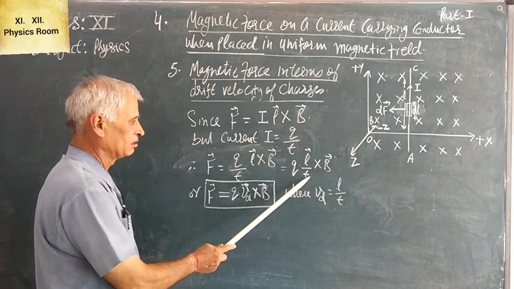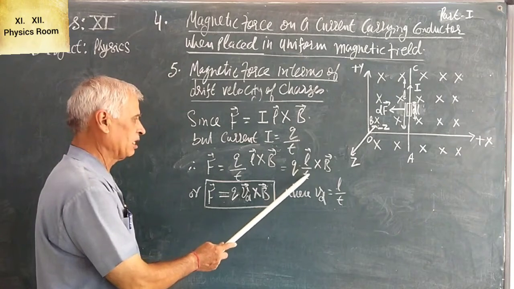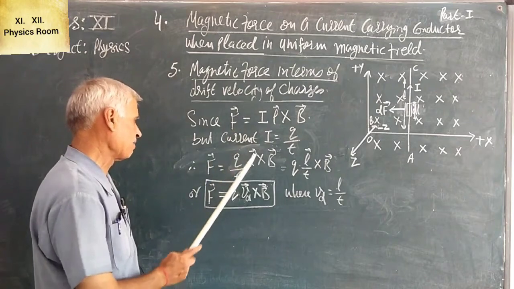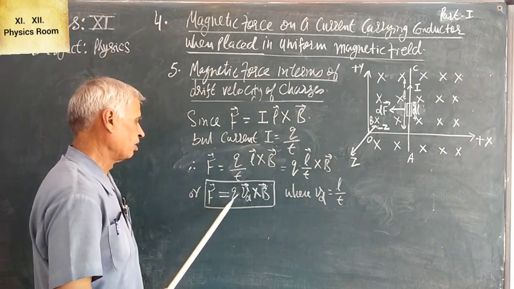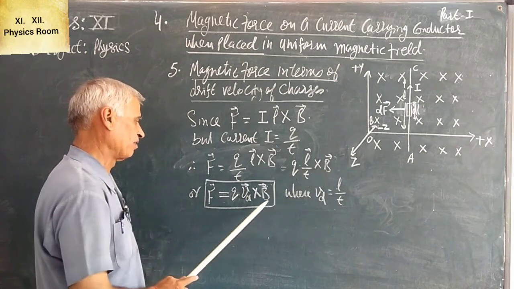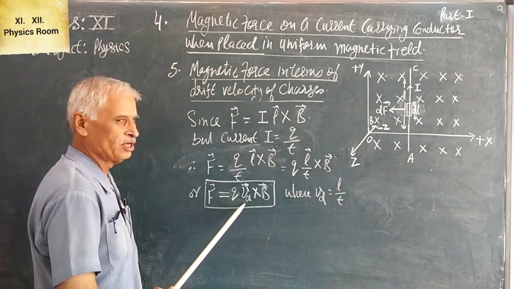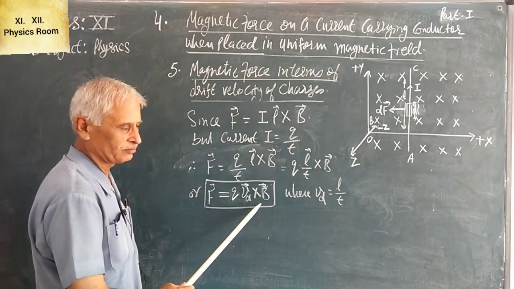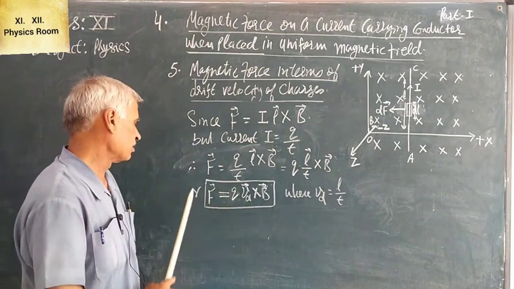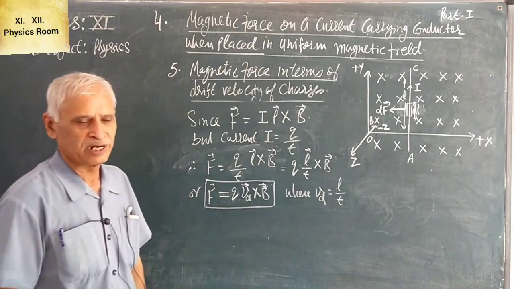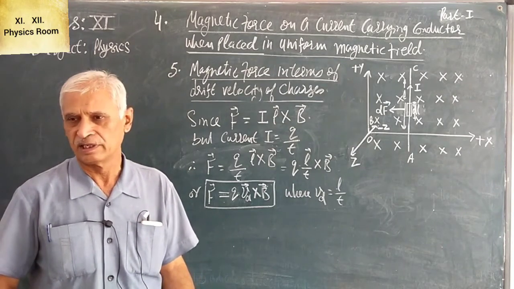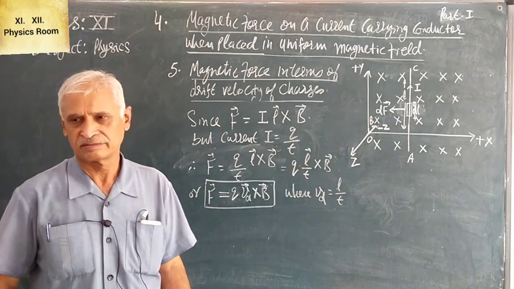It is the length traversed in the time taken. So we can write F equals Q into drift velocity cross the magnetic field, F equals Q Vd cross B, where Vd equals L by T. This gives us the expression of magnetic force on a current carrying conductor when placed in a uniform magnetic field in terms of drift velocity.